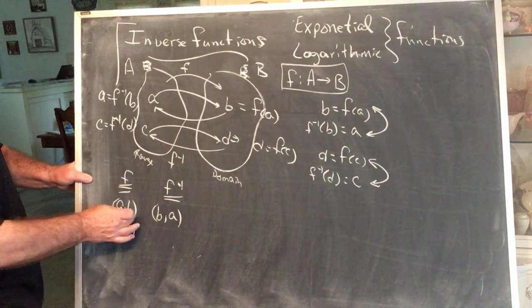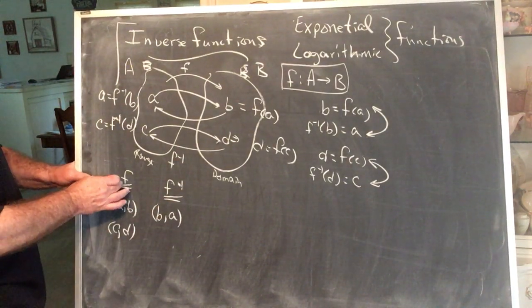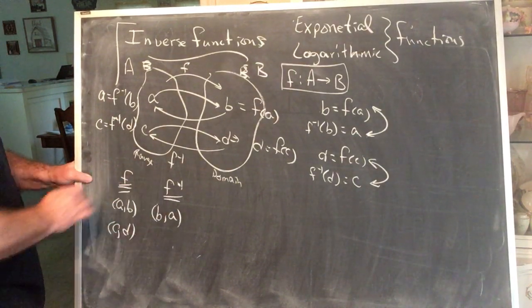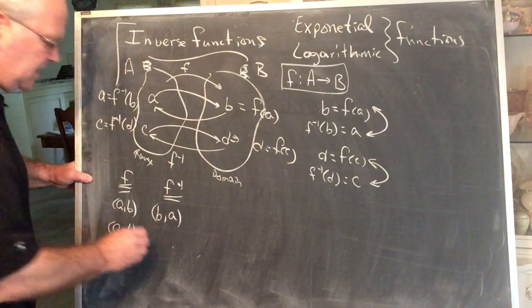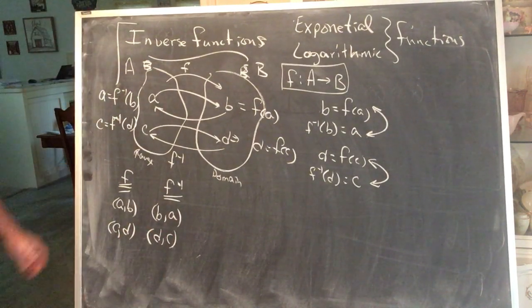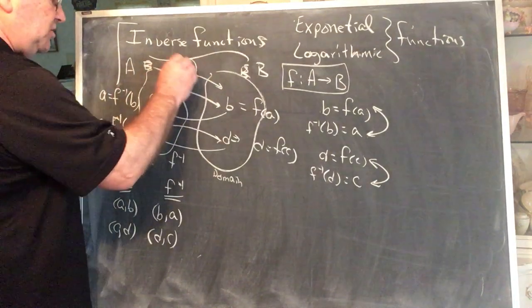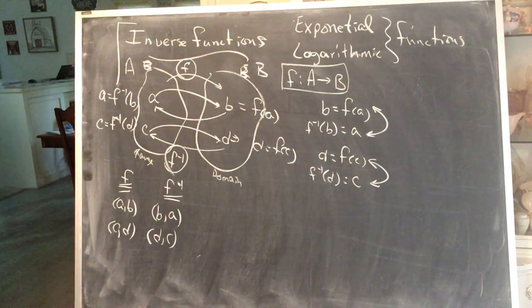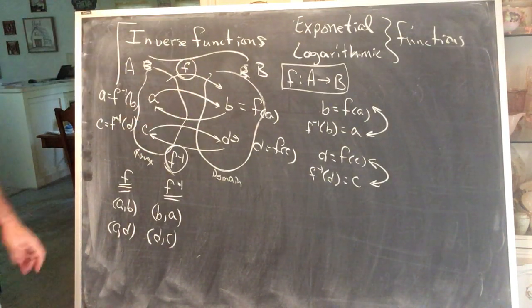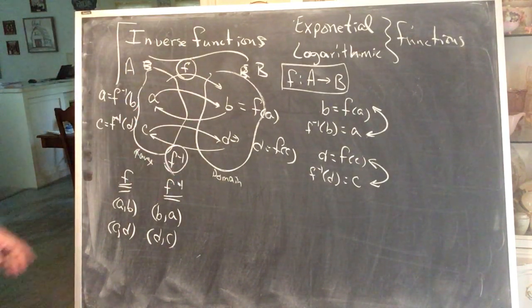So if A comma B is a coordinate generated by function f, B comma A is a coordinate generated by f inverse. Similarly, D comma C. So if f is a function and f inverse is its inverse function, then this property holds for all values of A, B, C, and D.